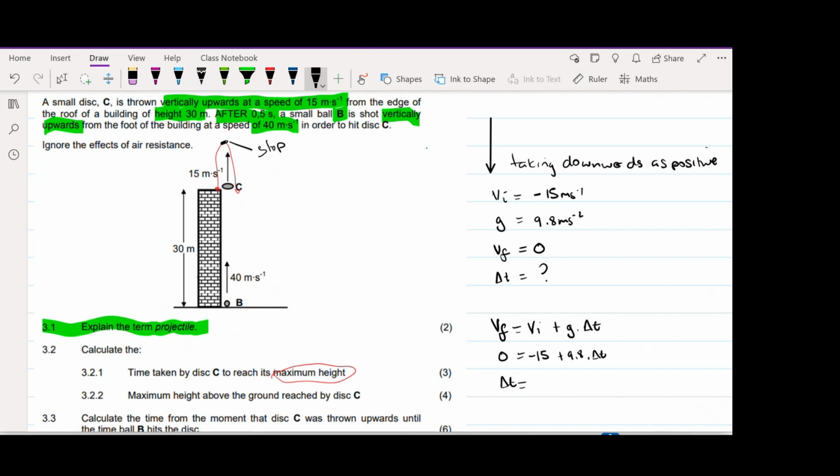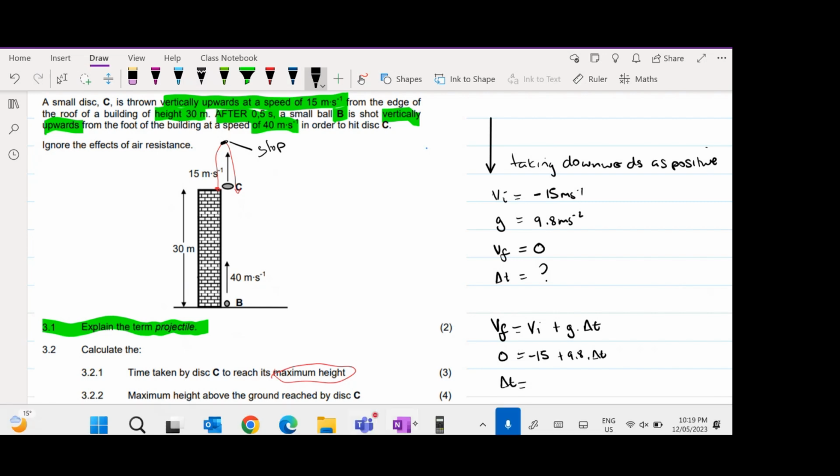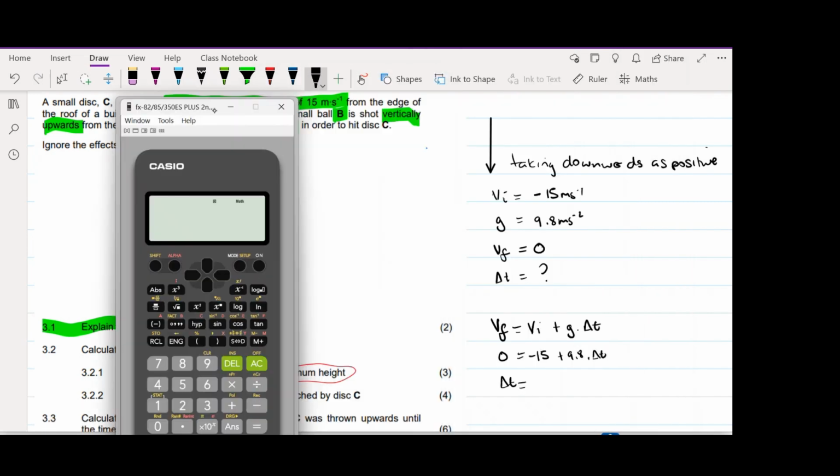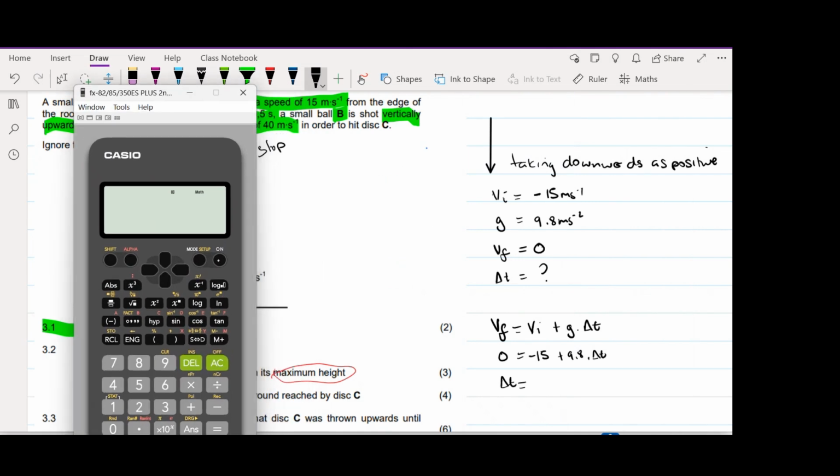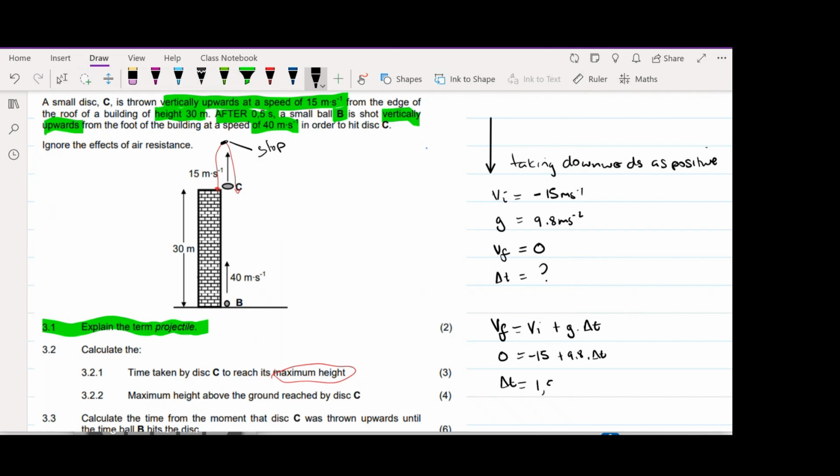So the time is equal to, and this is where we bring in our calculator. If we move this 15 to the left side, it becomes positive. So 15 divided by 9.8 gives me a time of 1.53 seconds. That is the time it takes for object C to reach maximum height.